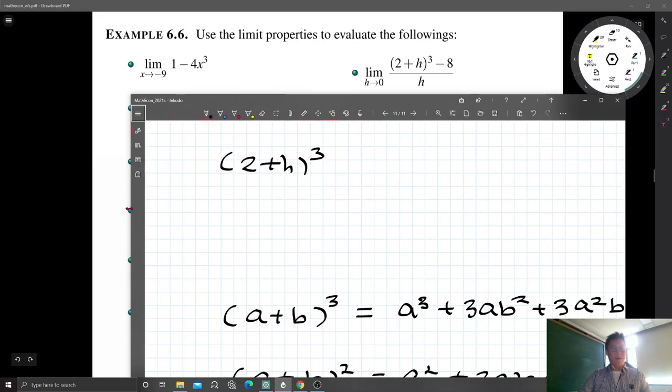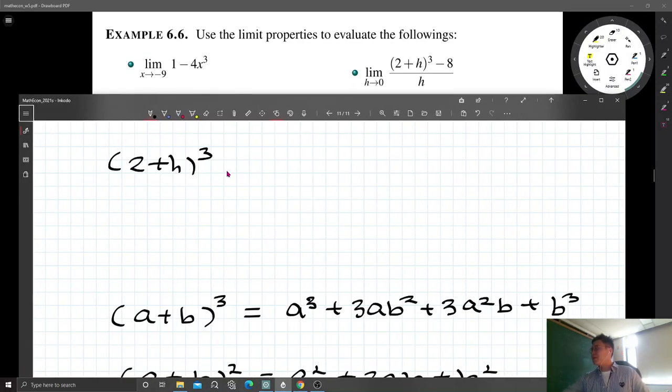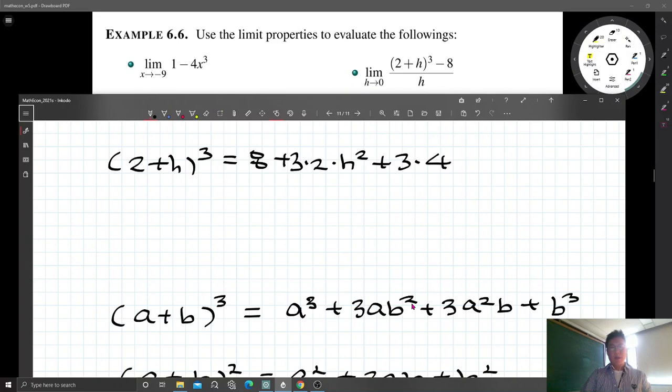All right. So (2 plus h) cubed, employing this formula, is going to be 8 plus 3 times 4 times h, and 3 times 2 times h squared, and h cubed.